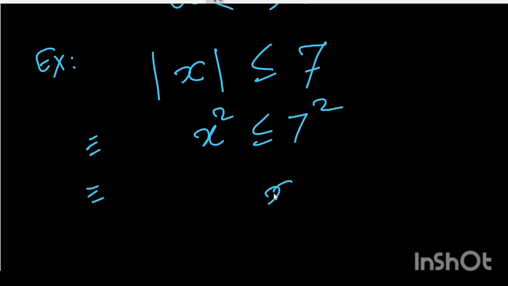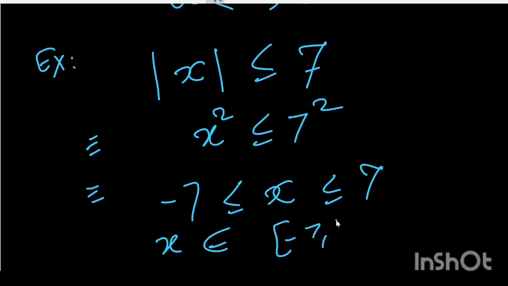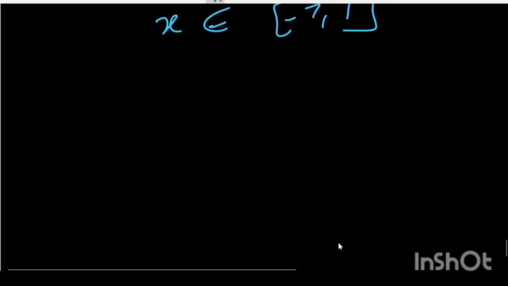So we can say that x is from minus 7 to plus 7. X belongs to minus 7 to plus 7, both included, is the solution of mod x less than or equal to 7.